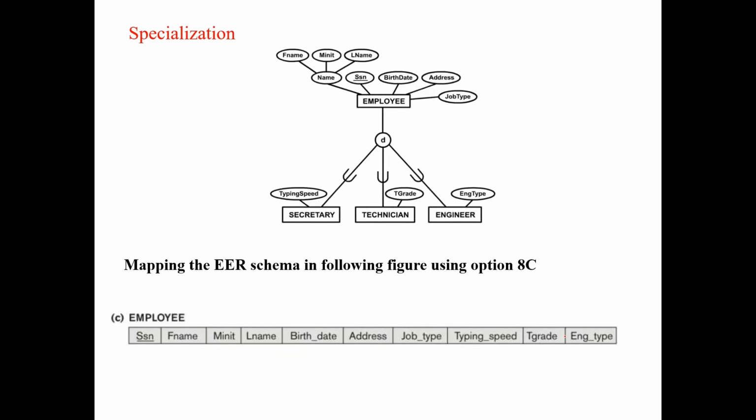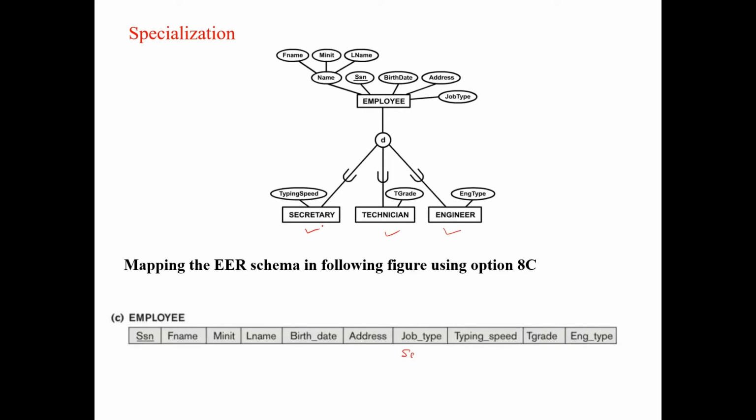We consider now the same example. Employee is classified as a secretary, technician, or engineer. So in this case, if the employee is a secretary, then this job type will specify whether the person is a secretary or not.